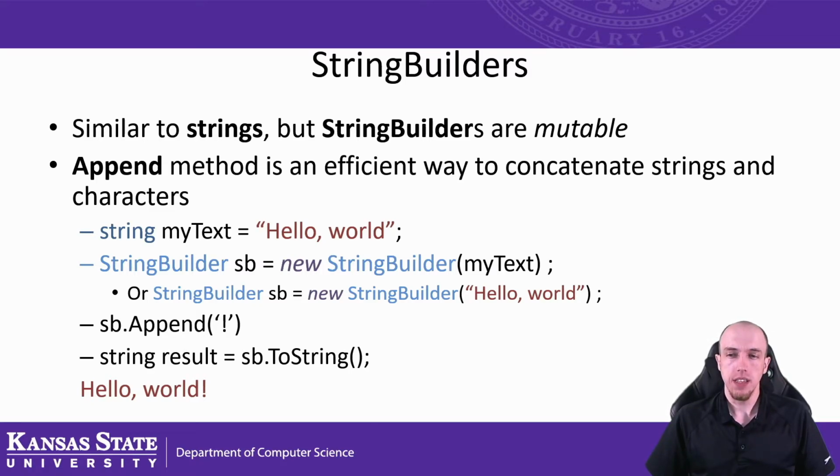If you ever need to get the string back out, all that is needed is to call the ToString method on the StringBuilder, which returns the resulting text. So the Hello World string is what I get as a result. I start out with just Hello World without the exclamation point, and then I simply append the single exclamation point to the end and convert it to a string at the end.